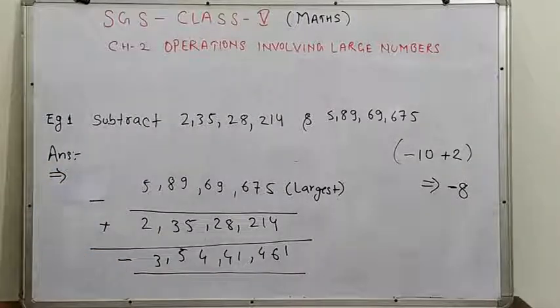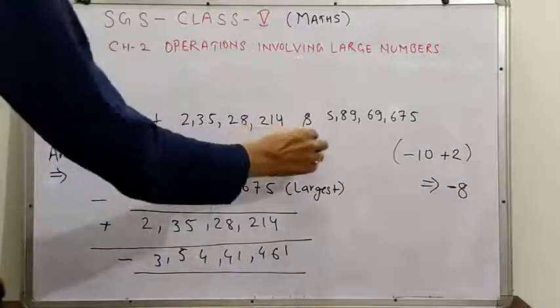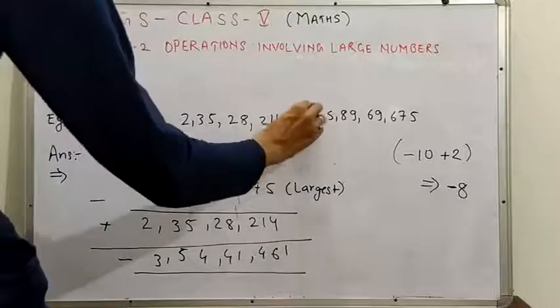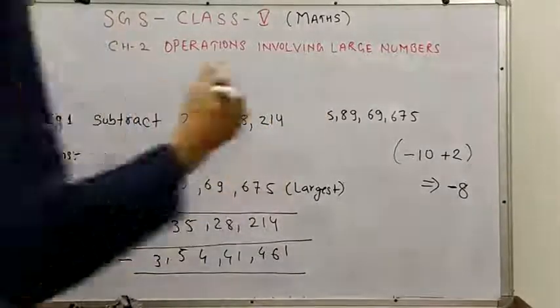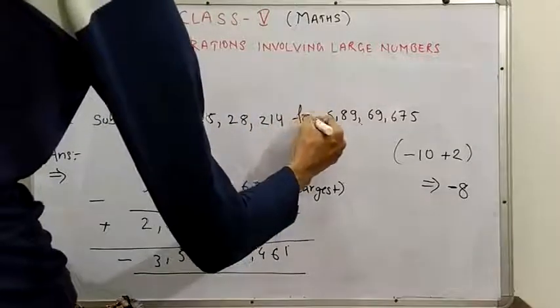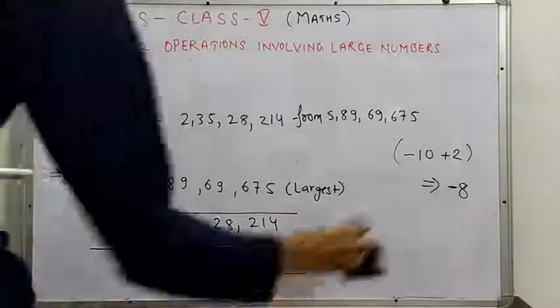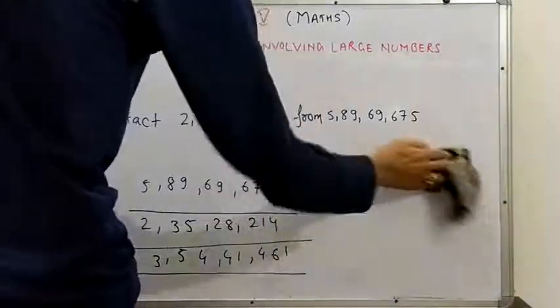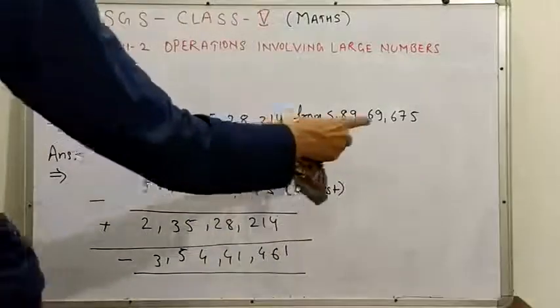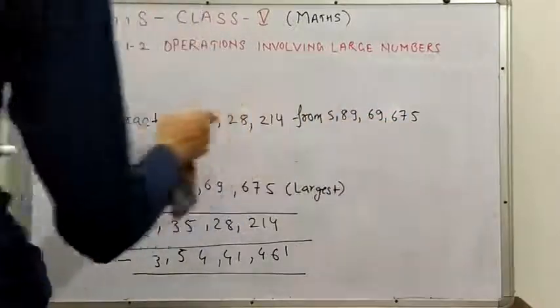But suppose in the question, if we replace AND with FROM, then what will the outcome be? Then the outcome will be reversed. How? Whenever from is written, then we have to subtract from this number to this number.